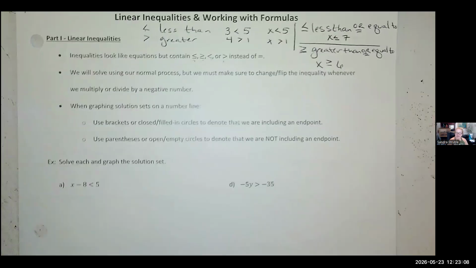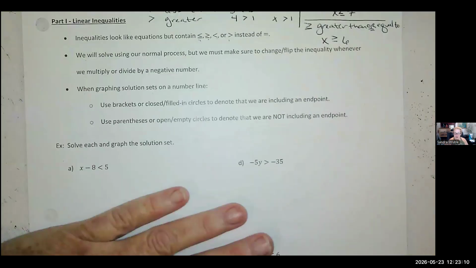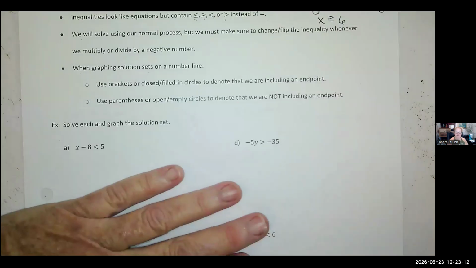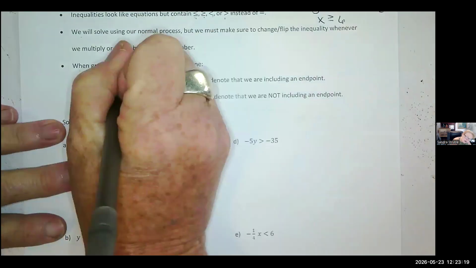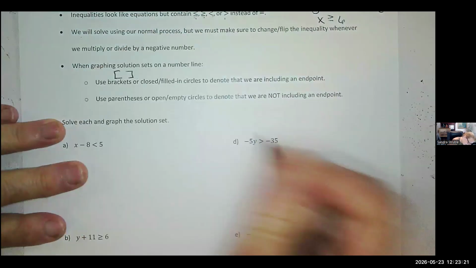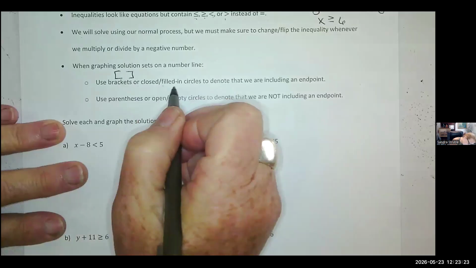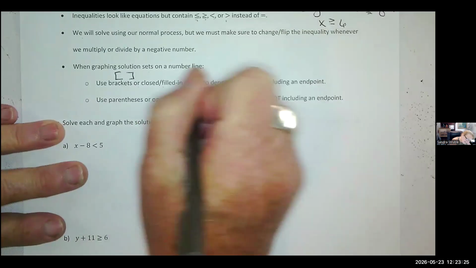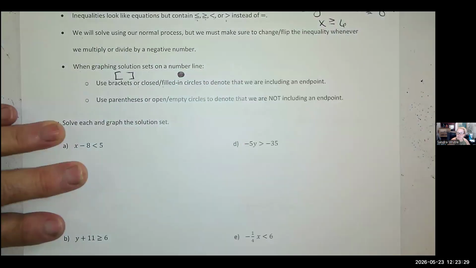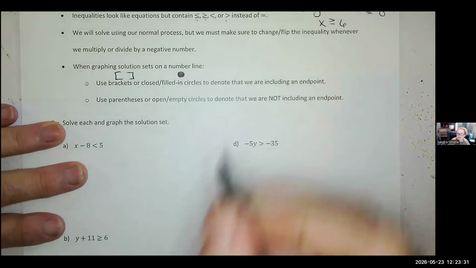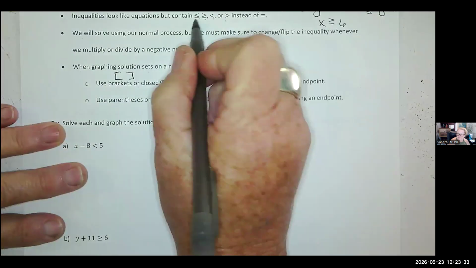When you're graphing your solution set on a number line, you're going to use brackets or a closed, filled-in circle. It has to be a shaded-in circle to denote that it includes the endpoint.